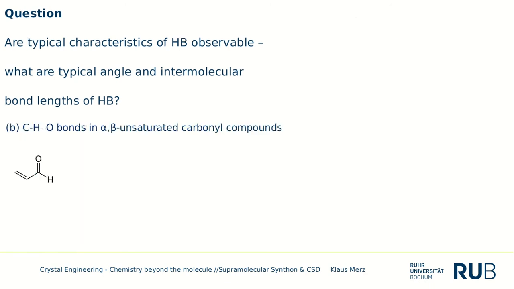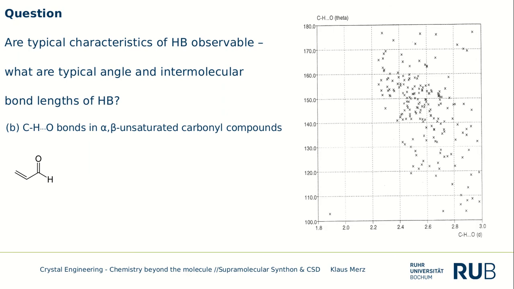Okay, what's going on in, I would say, more weak hydrogen bonds, C-H...O bonds, in unsaturated carbonyl compounds, something like this here. Once again, have a look at the Cambridge Structural Database, and you see the difference.